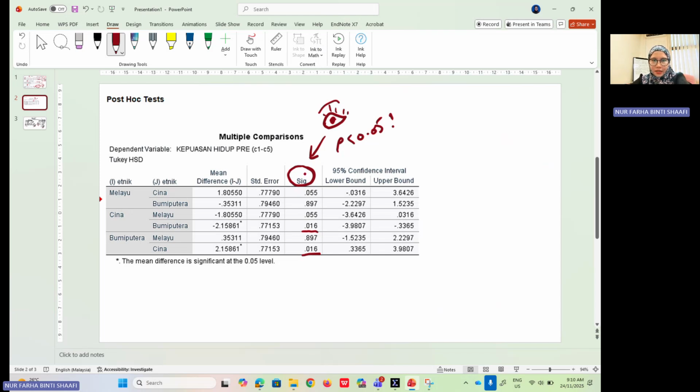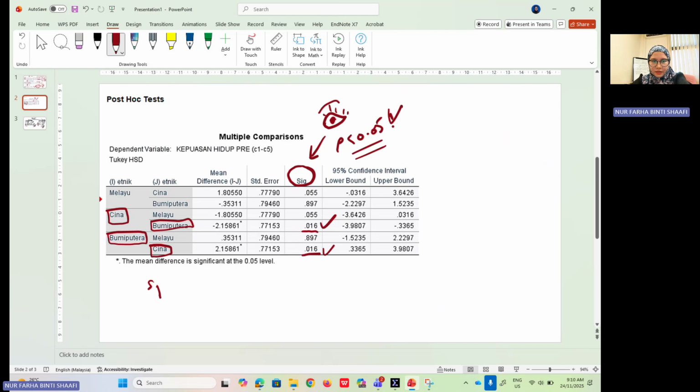Now, you have found it, 0.016, which is a p-value less than 0.05. So look at the ethnicities that are involved. The ethnicities involved are between Chinese and Bumiputra. Same goes to the bottom one, Bumiputra and Chinese. It's actually the same.